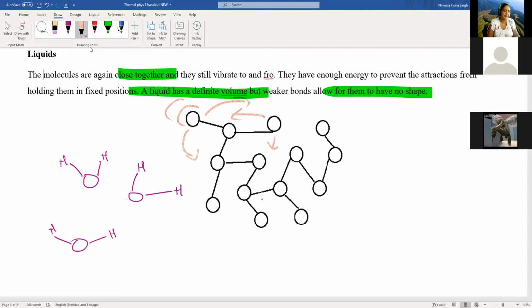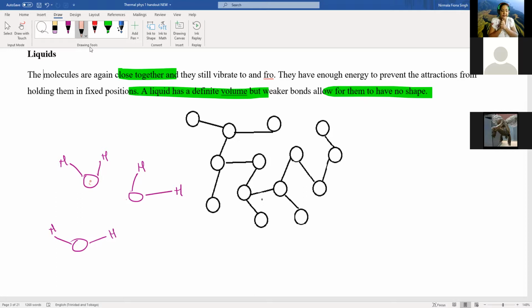I've heard somebody say something extremely stupid, and it wasn't their fault, right? People think that water has breathable oxygen, because of the oxygen in H2O, right? Water is a molecule.